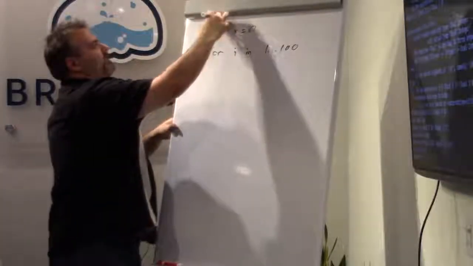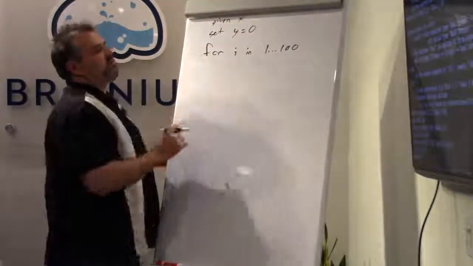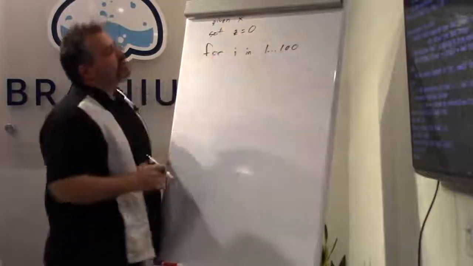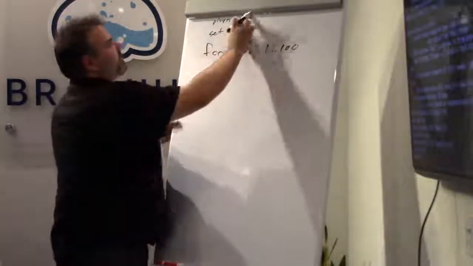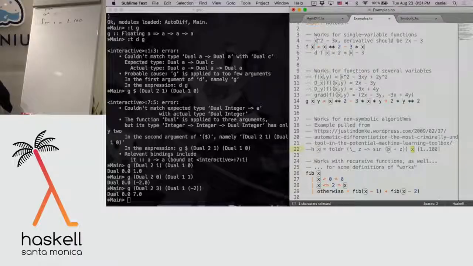Okay, so given x, set y to 0, or set z to 0, let's use the same letters. This is wrong. Let me just look at it.